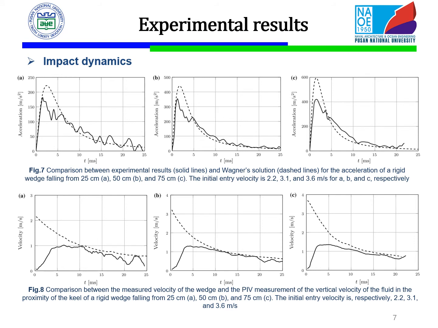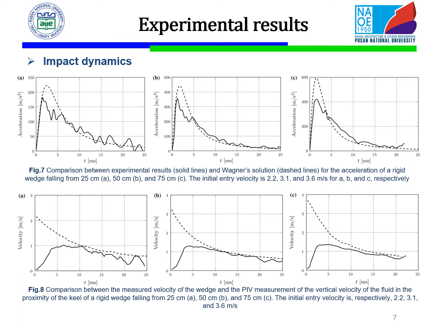Results reported in figure 7 indicate a good agreement between the experimental results and theoretical findings from Wagner's solution, thereby providing some verification of the experimental setup and data acquisition system.